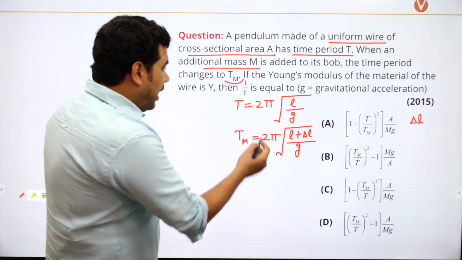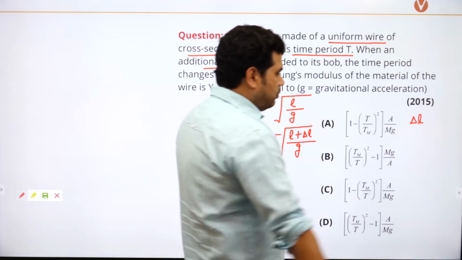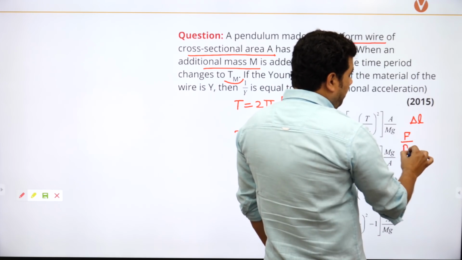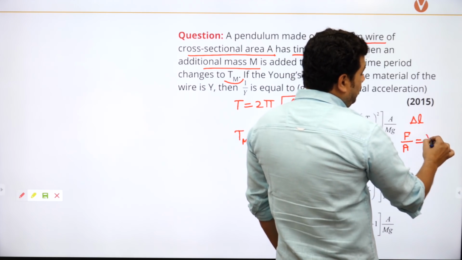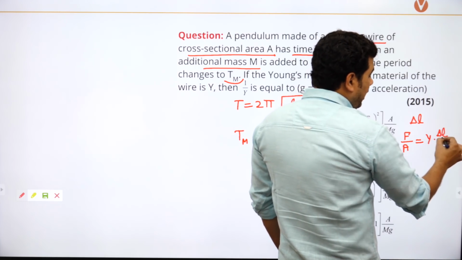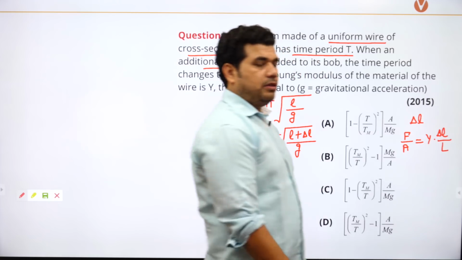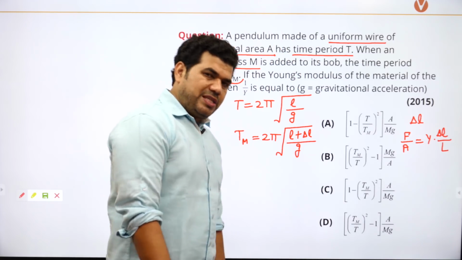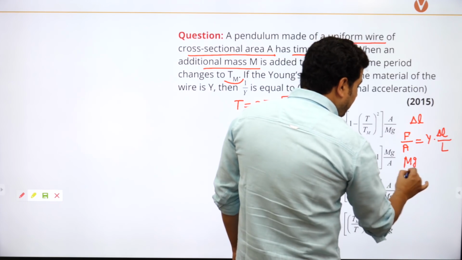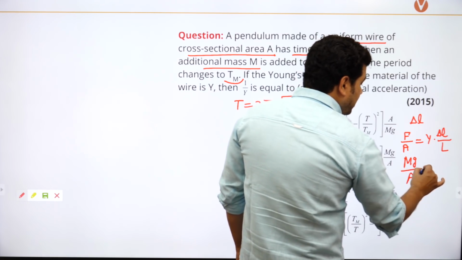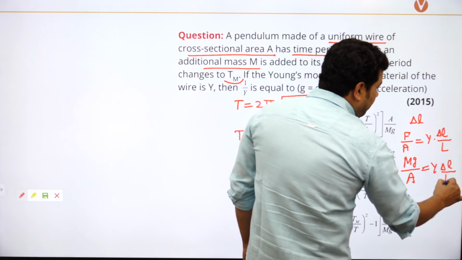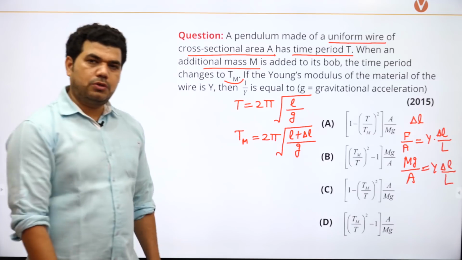Okay. Delta L क्यों इंक्रीज हुआ होगा? So for this we have the elasticity formula F upon A is equal to young modulus of elasticity into delta L divided by original length. Got it? So what's F here? F is the mass into G, mg force अपने अप्लाई किया, and cross-section area is A, equal to Y and delta L divided by L. Got it?